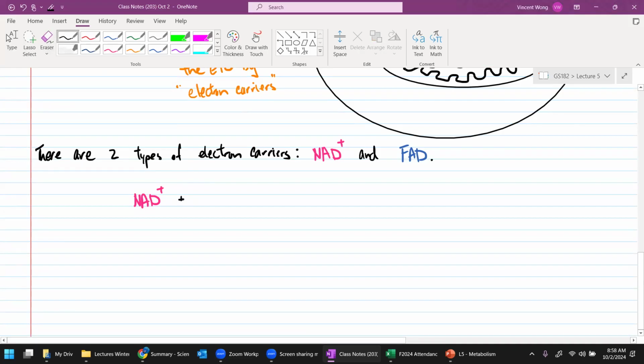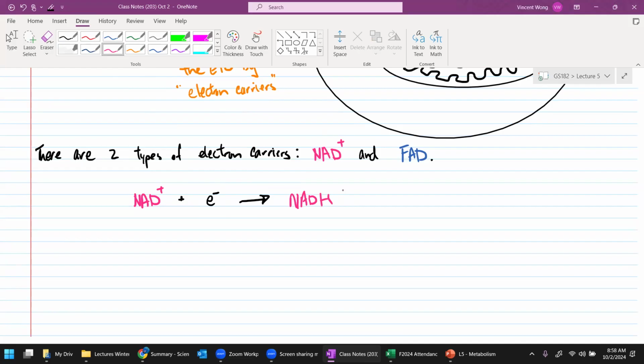So if we simplify it, basically, if you take NAD plus and you add electrons to it, if it picks up electrons, then it is going to become NADH. Again, never mind where the H came from. It's just floating around in the cell.